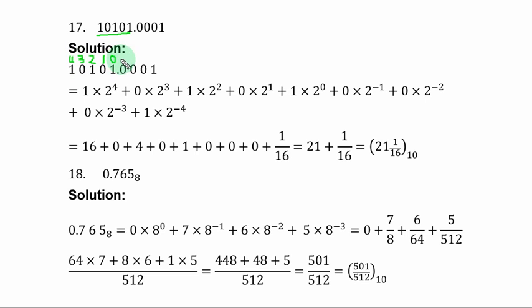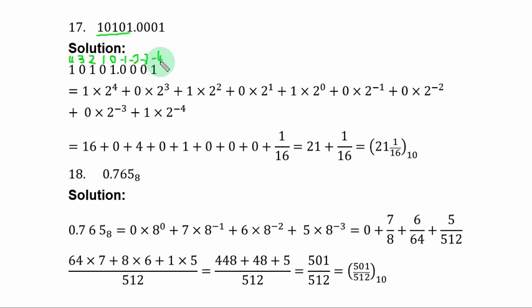From the point to the right, the first digit is -1, the second is -2, the third is -3, and the last is -4.